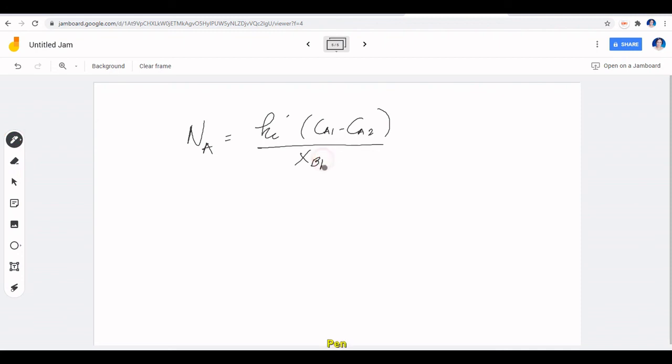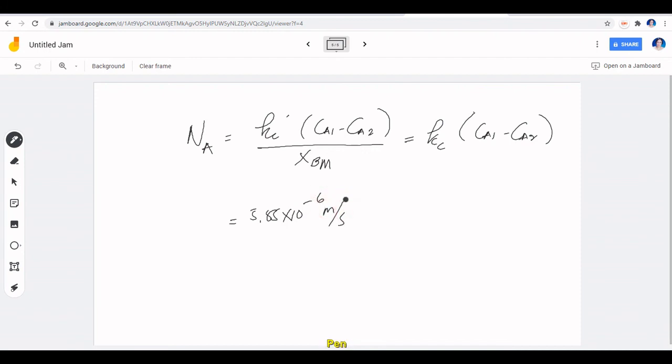And we have established already that since this solution is dilute, this is equal to 1. So this is just a case of K sub C times C sub A1 minus C sub A2. Now, our K sub C, which is our K sub L, is 5.85 times 10 raised to negative 6 meters per second.